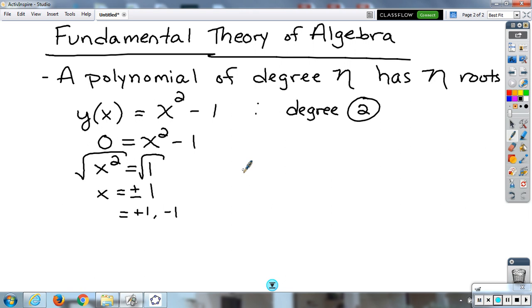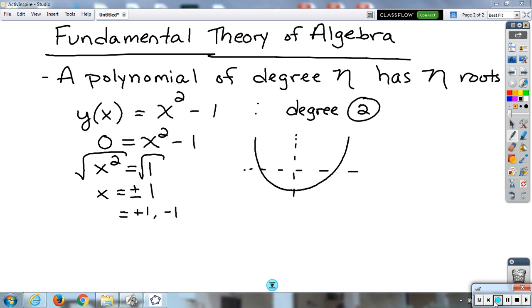Graphically, if we draw this out, if you want to see what this looks like, this polynomial is a quadratic, so it's a parabola, and its intercept is down 1. So it's going to look something like this.